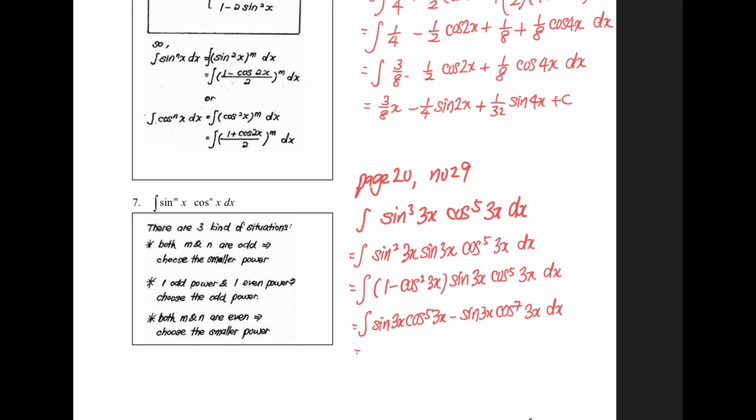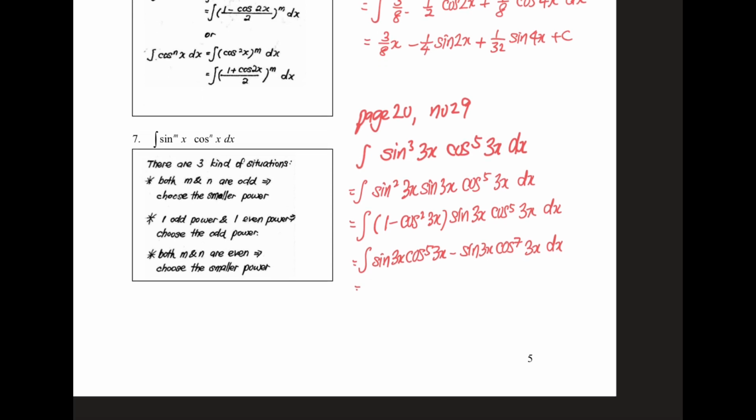Okay, then we can integrate. So what formula am I considering? I'm considering the integration of f prime x, fx to the power of n, which ends up as 1 over n plus 1, fx to the power of n plus 1, plus c.